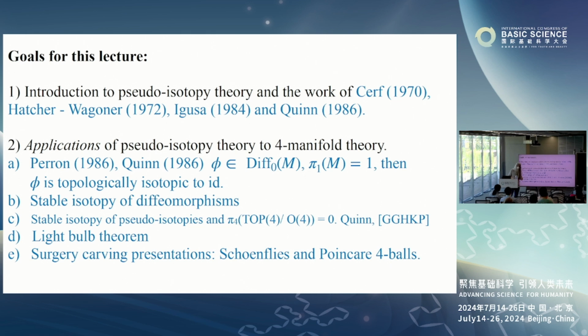But then there are other theorems that, while you're racking your head attempting to prove theorem one, you see lying on the side, something interesting. So in pseudo-isotopy theory, I think you'll see that there's both types of phenomena, at least for me.